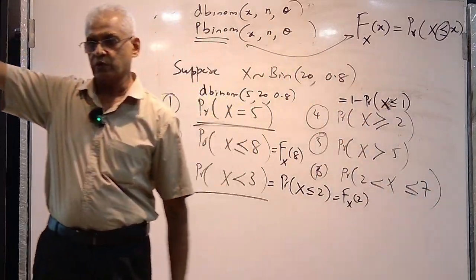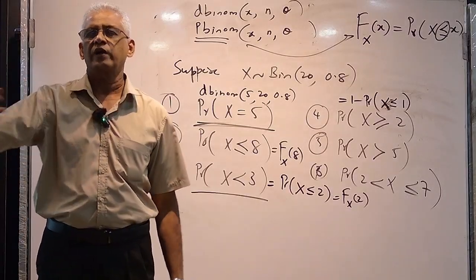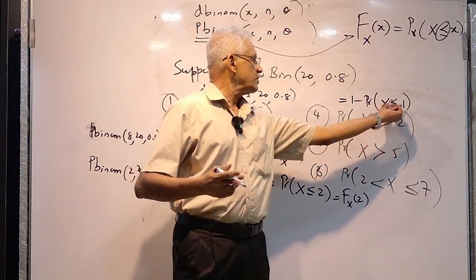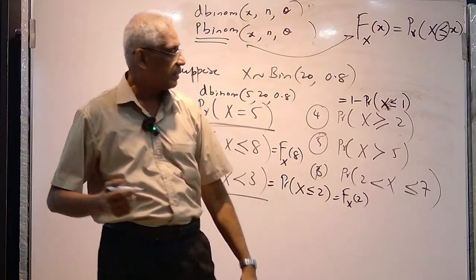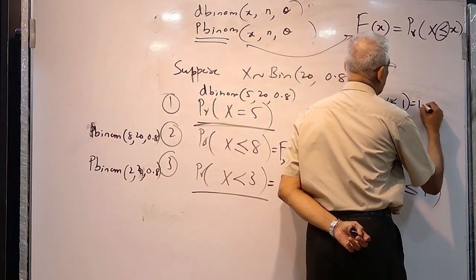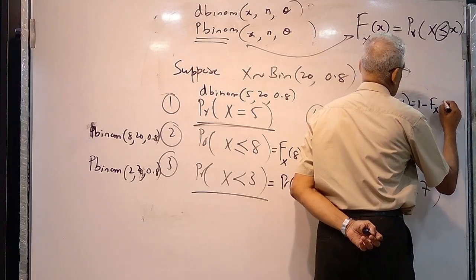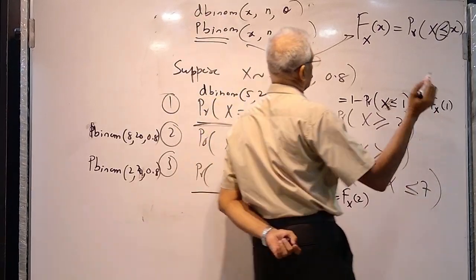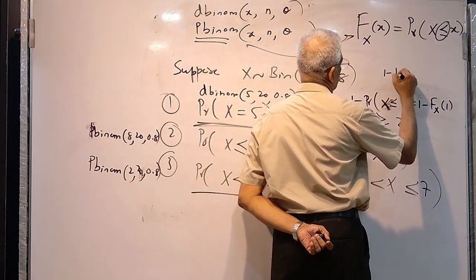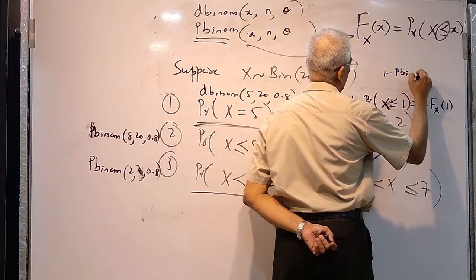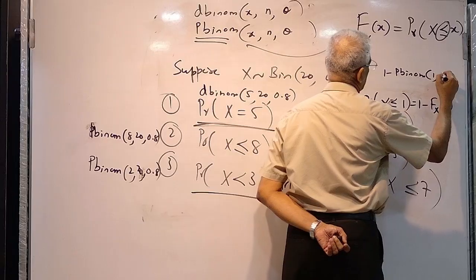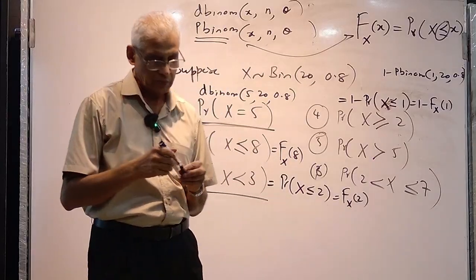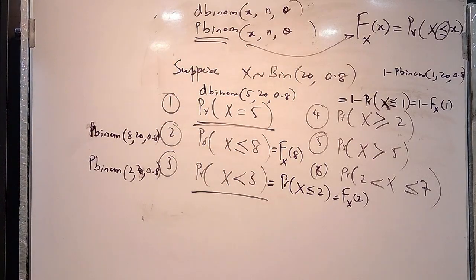Greater than or equal to 2 means the other two values are 0 and 1, so that is less than or equal to 1. This is the complement of this event, so therefore the probability is 1 minus F(1). So in R, you can say 1 minus p binom, 1, 20, 0.8.